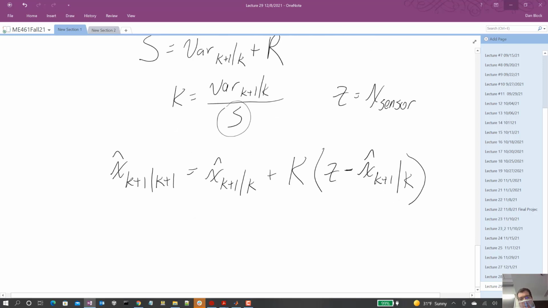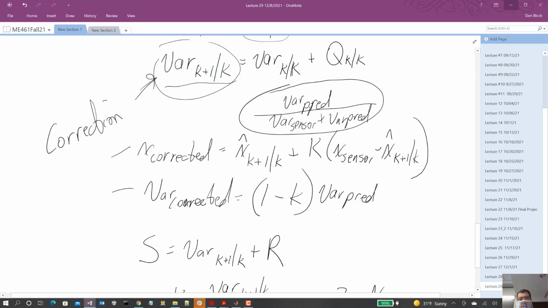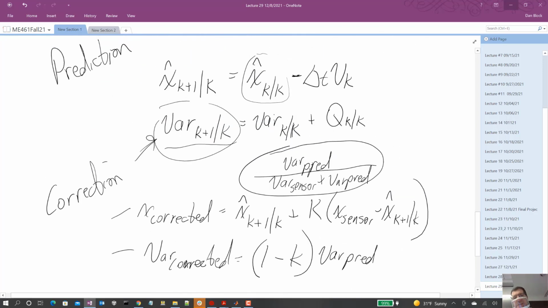And then of course we'll notice here, variance: when you sum something new, as long as the variance is positive, that Q is positive, if we just do prediction, this variance is getting larger and larger. That means we're trusting the prediction less and less.